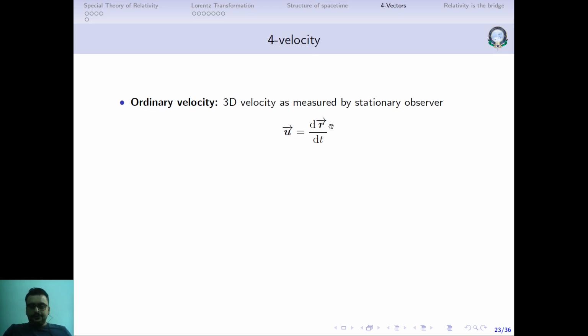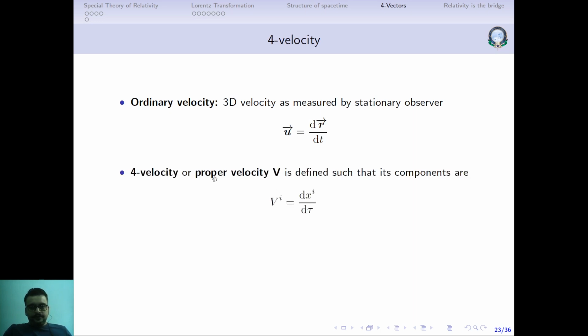Okay, so we already know the 3-dimensional velocity which is measured by a stationary observer is the rate of change of position. 4 velocity or proper velocity is defined in this way. It is like a hybrid. What it does is, it will measure the change in the Minkowski space-time position coordinates, and it will take the ratio of that change in position with respect to the proper time.